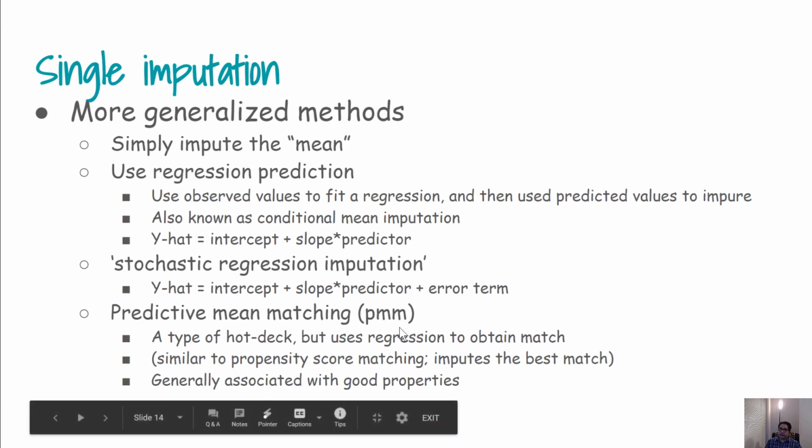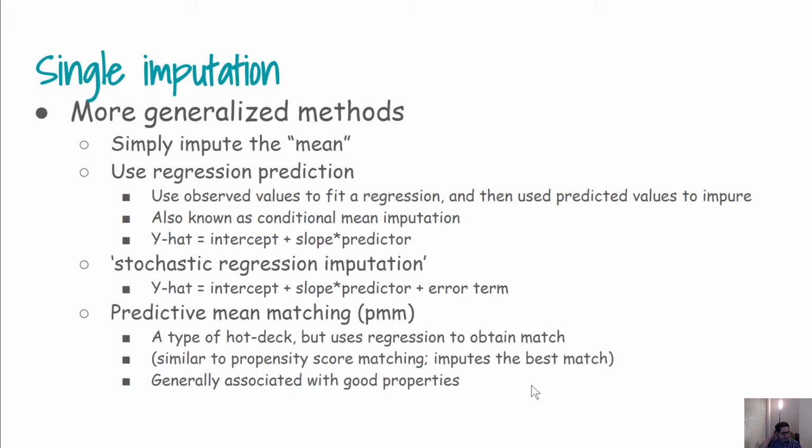And the last method is known as predictive mean matching, which I'm going to explain in the lab a bit more. In general, this is a type of hot deck method that uses a combination of the regression method.